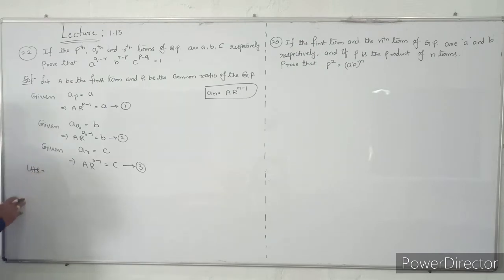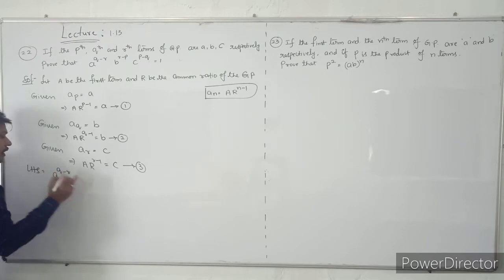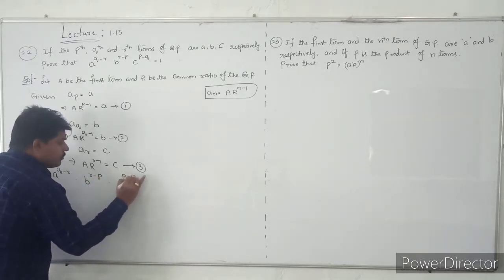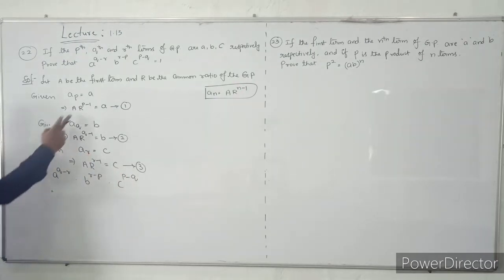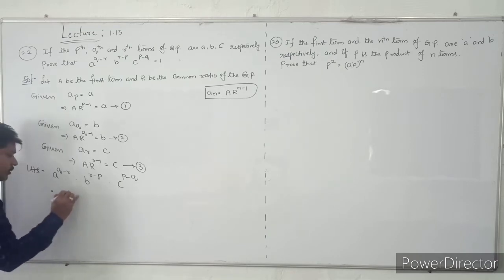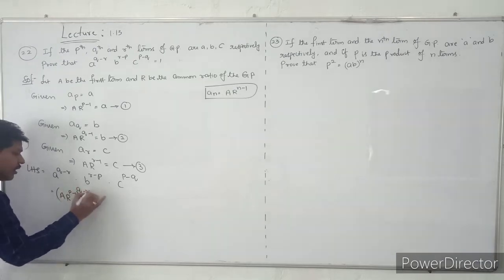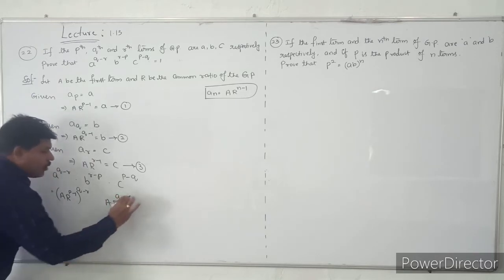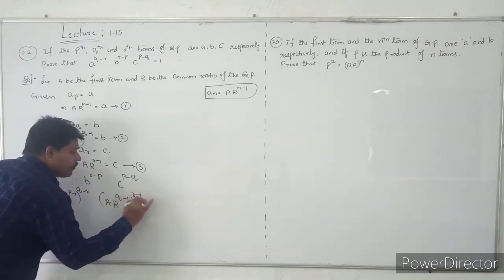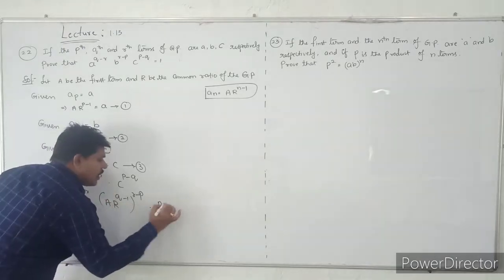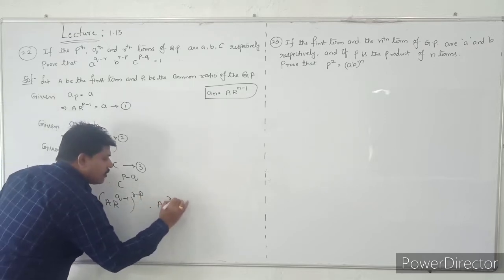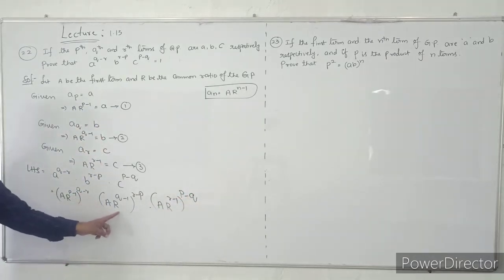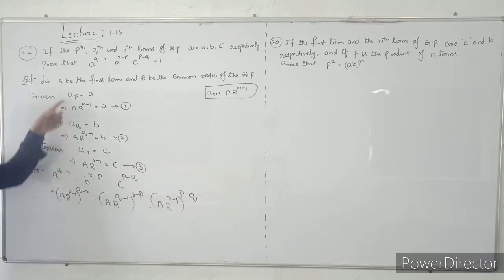The LHS is equal to a power Q minus R into b power R minus P into c power P minus Q. Here, a is A into R power P minus 1, whole power Q minus R. b is A into R power Q minus 1, whole power R minus P. And c is A into R power R minus 1, whole power P minus Q. I have just substituted the values.